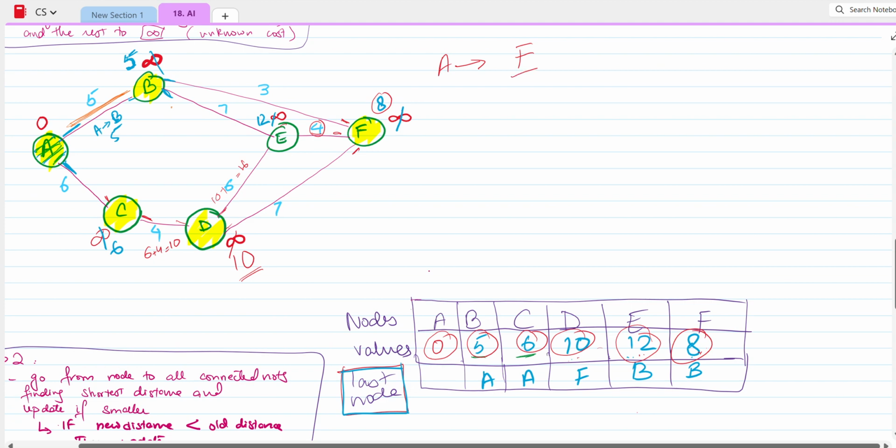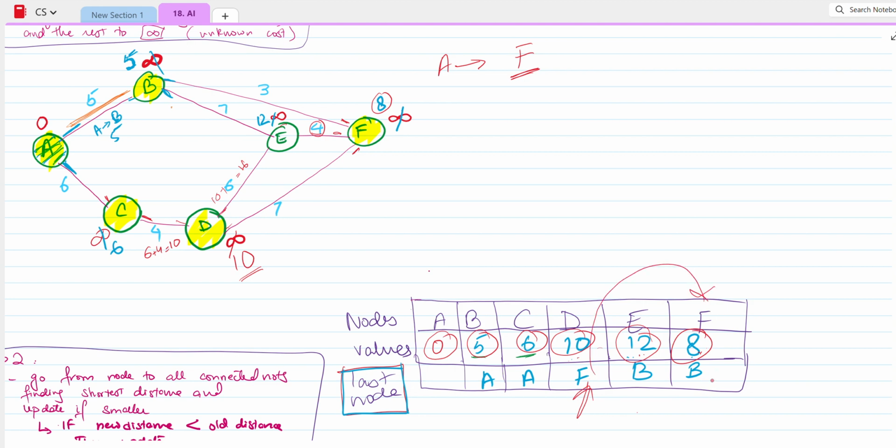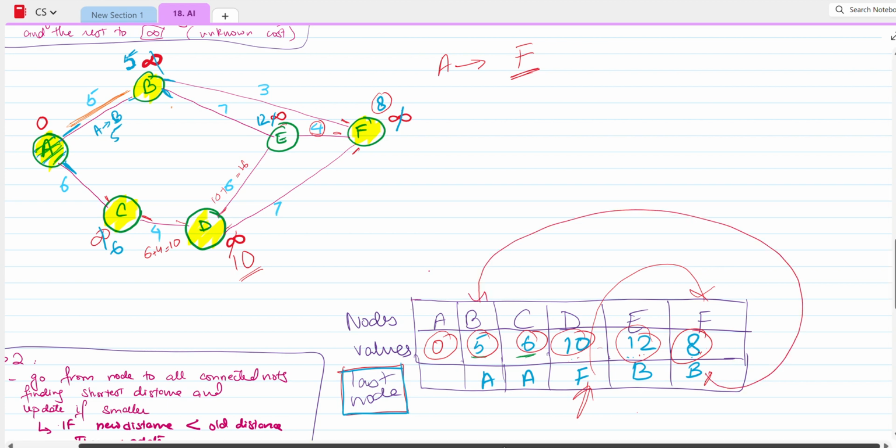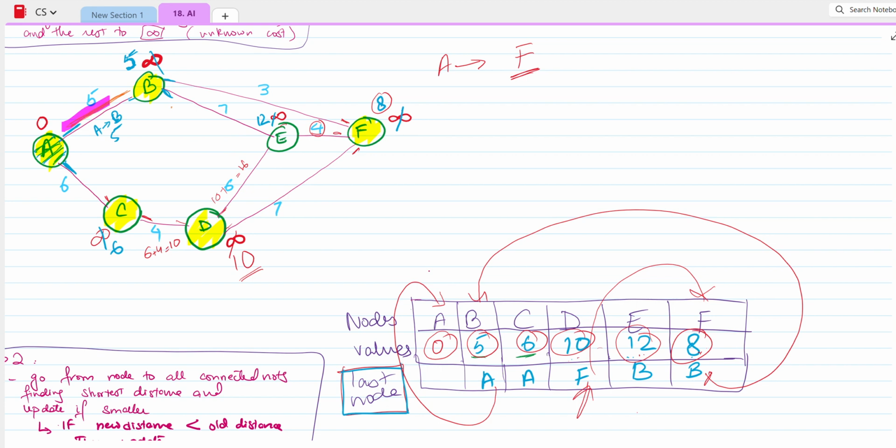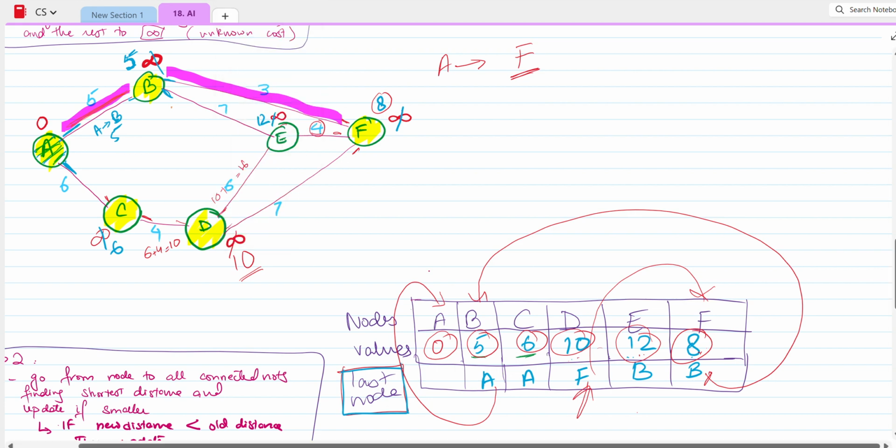Now the last node should be F, so we look at F. From F we came from B, so from B we came from A and we went to the starting node. So our path should be, again highlighted with this, A to B to F, and the cost of reaching F should be 8. This should be the shortest path.